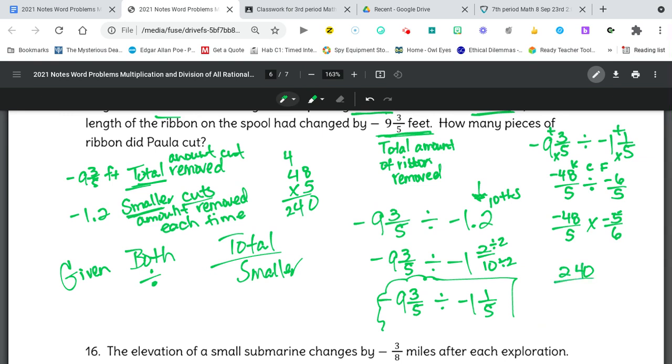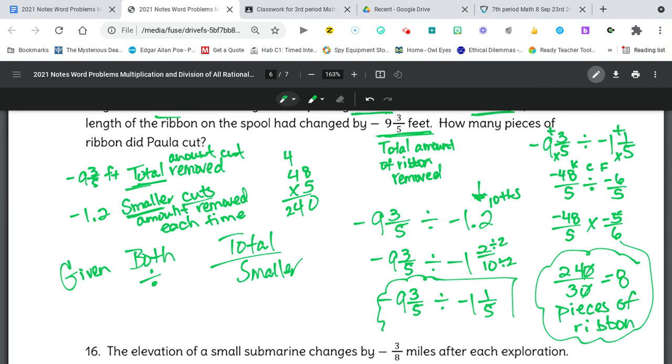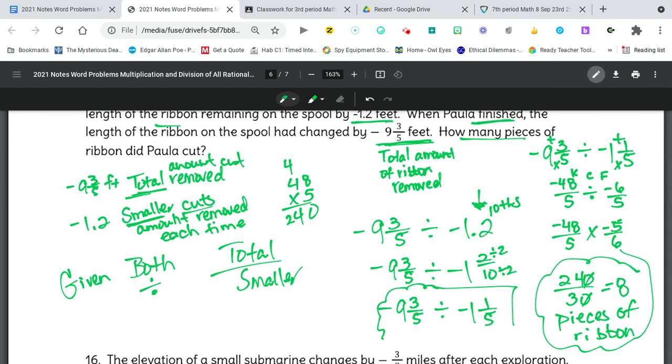And it's positive, divided by 30. I'm going to cancel out those zeros. 24 divided by 3 is 8. So I know that's 8 pieces of ribbon. So after 8 pieces of ribbon, it says how many pieces of ribbon did she cut? Well, she had to cut 8.